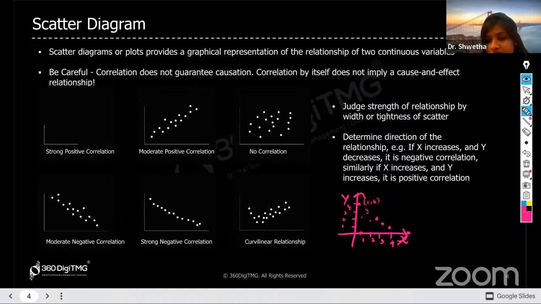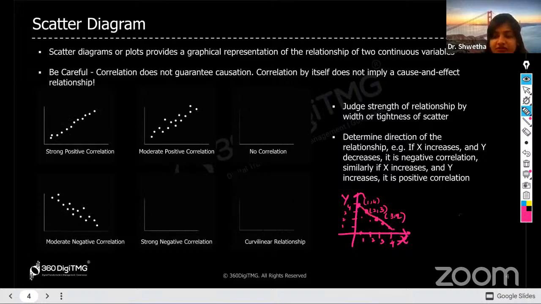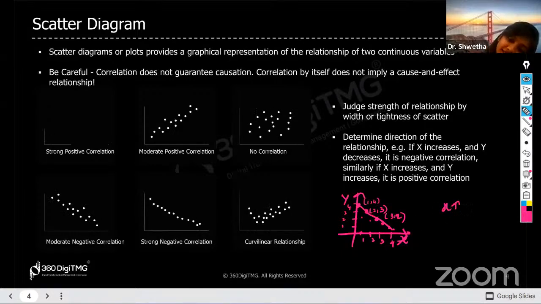So now, as x is increasing, y is decreasing. Now this is 2, 3. Then there is 3, 2. So there is an inverse relationship between x and y. As x increases, y is decreasing. Though there is an inverse relationship, there is a relationship. So with the help of scatter diagrams, we are trying to find these relationships.